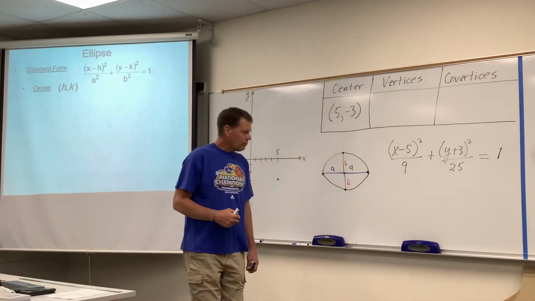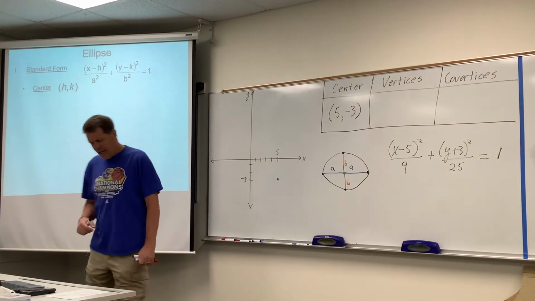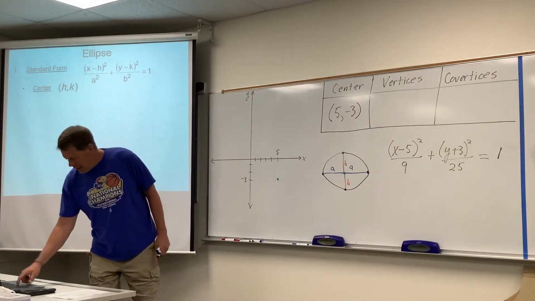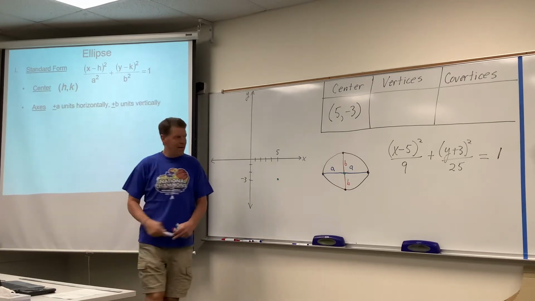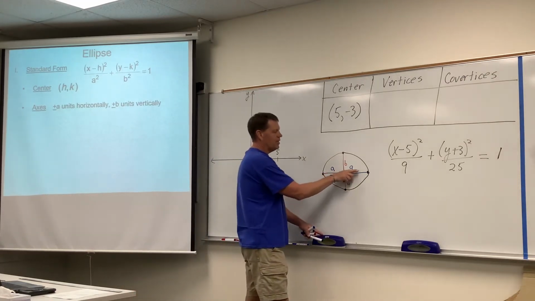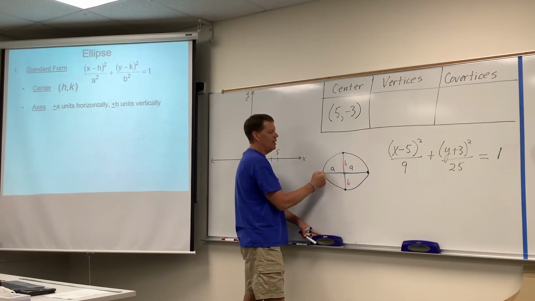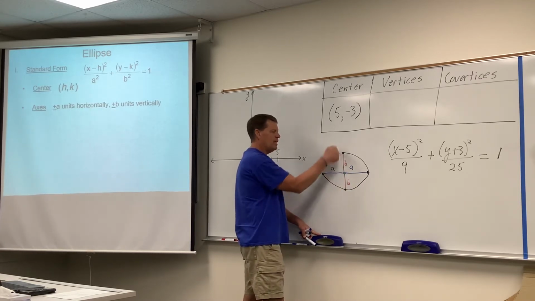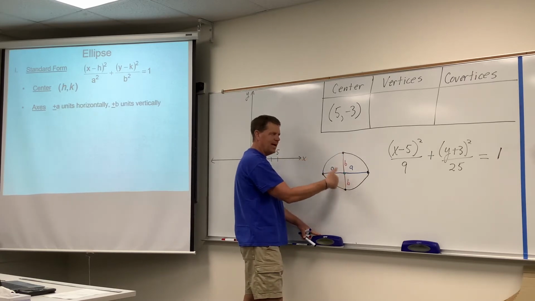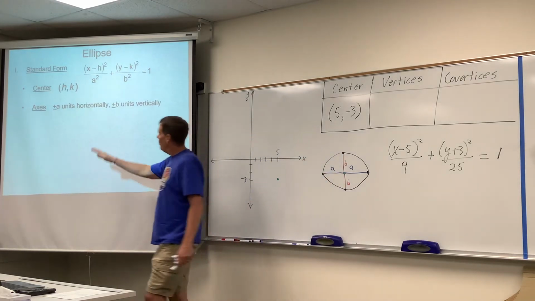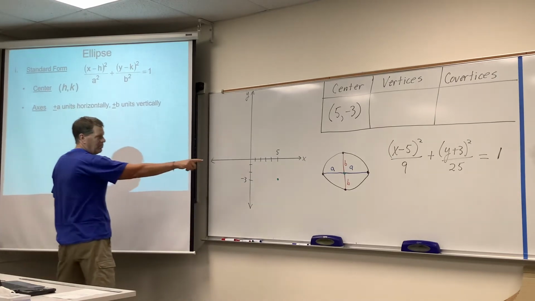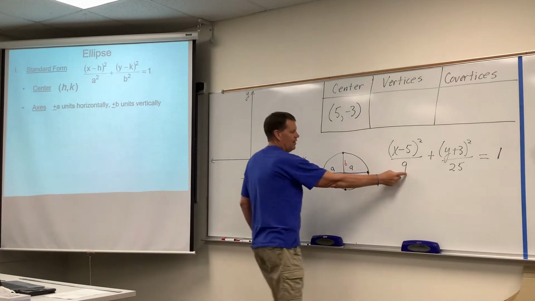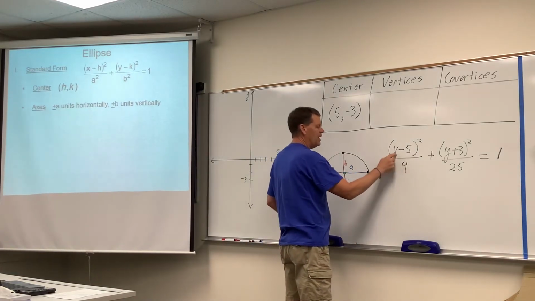All right. What are the values of a and b? Well, we're going to get axes, and as I mentioned on my general picture, plus or minus a units horizontally, plus a this way, minus a this way, and b vertically. Plus b up, minus b down. If you look at the general format, the value of a mentioned here, as well as on my picture, is the denominator of the x.